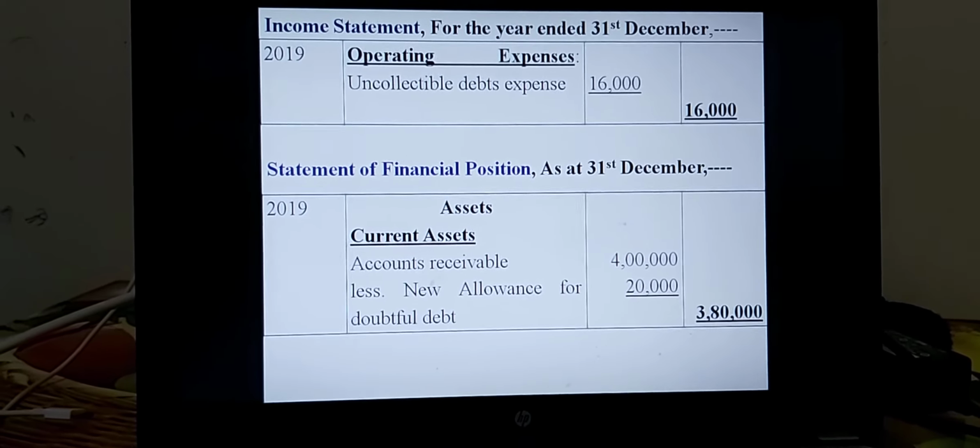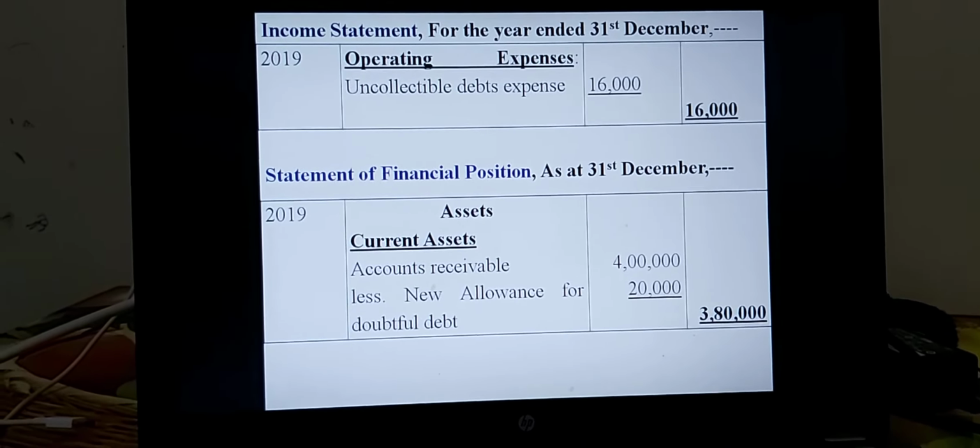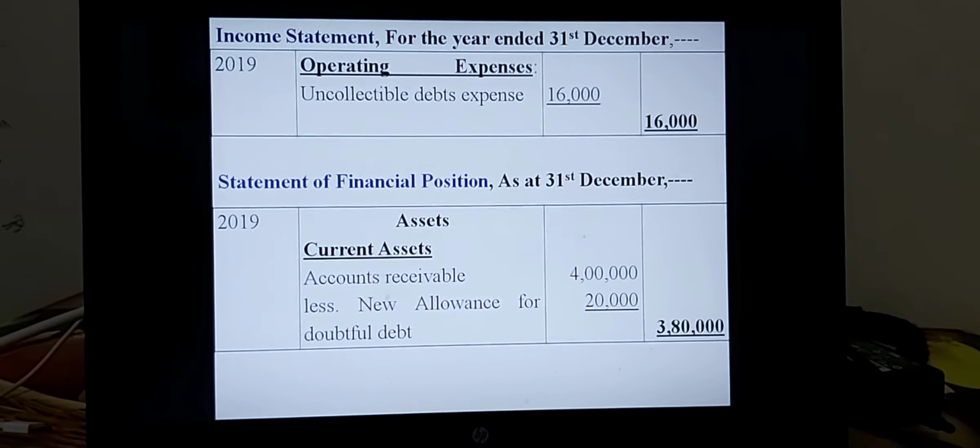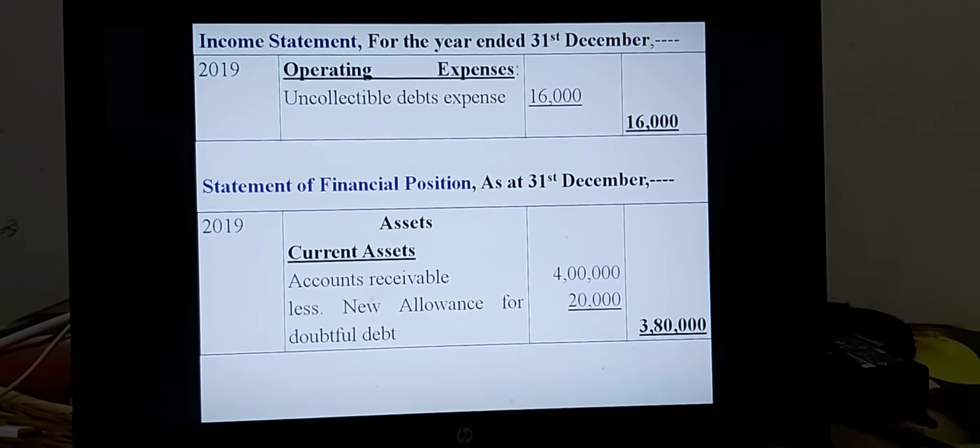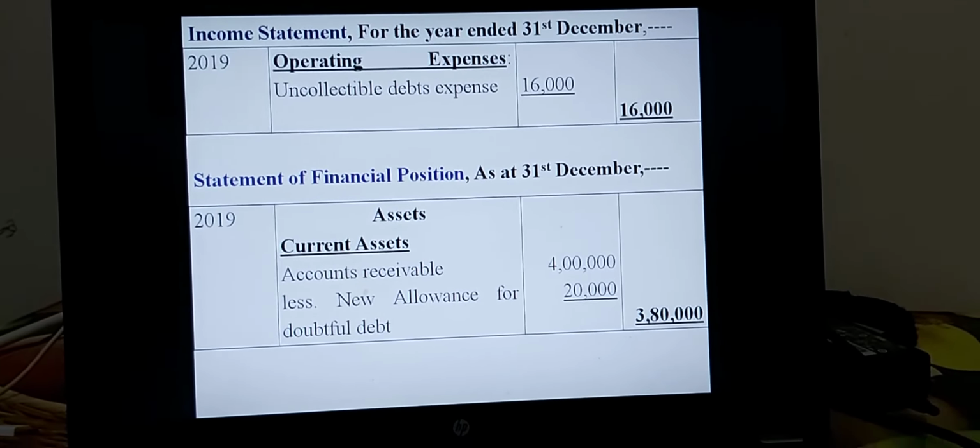In the income statement, only one posting, bad debt expense or uncollectible debt expense. The income statement is a very big statement, but only one item is to be shown for recording bad debt and bad debt provision. That is the net amount of bad debt expense, or additional allowance amount of bad debt expense, to be shown in operating expenses of the income statement in each year.